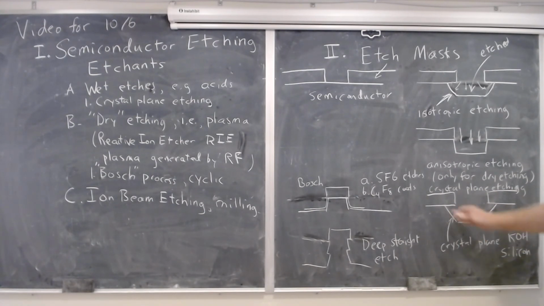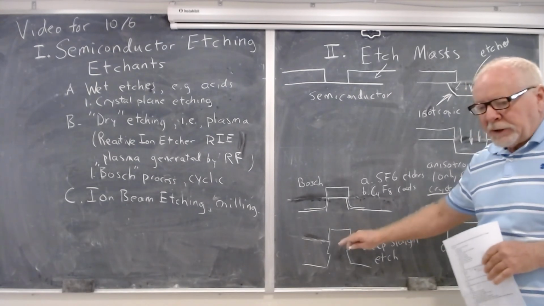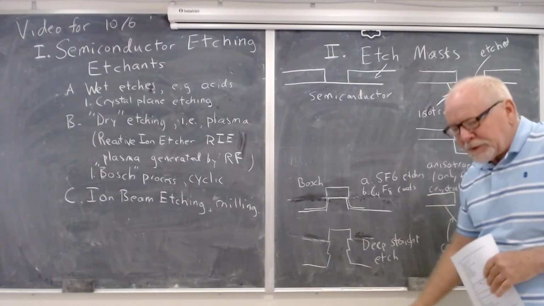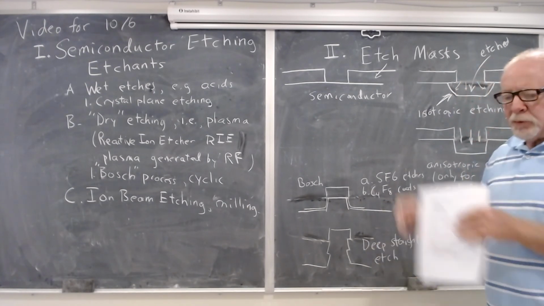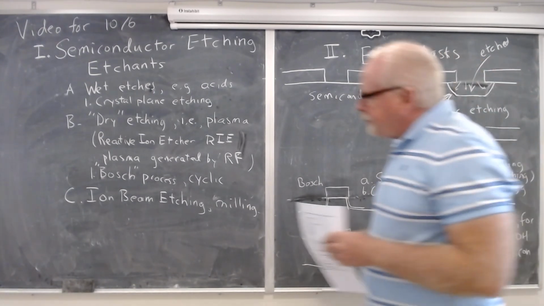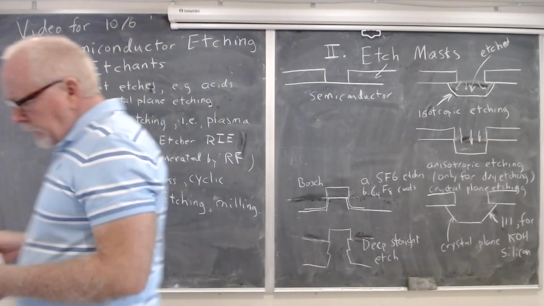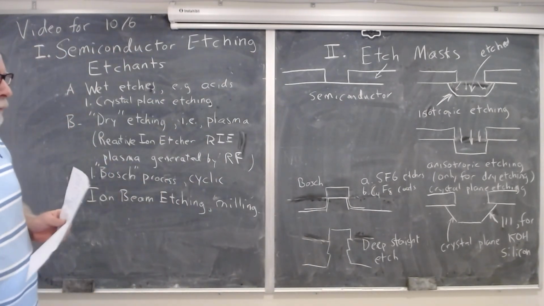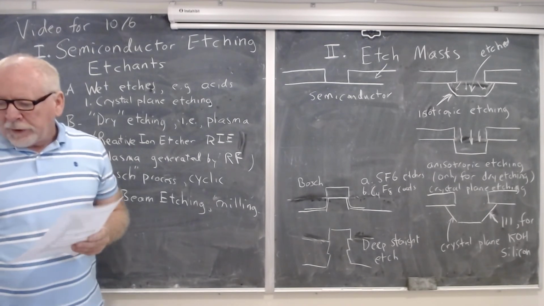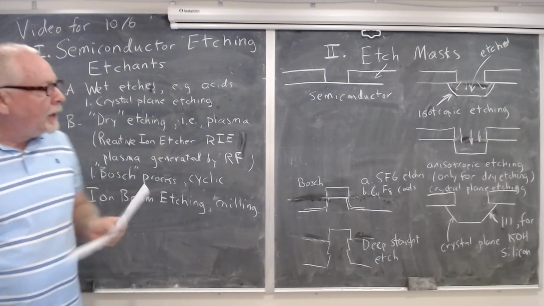Crystal plane, where it stops on the plane of the crystal. And then Bosch, where you use a cyclic process that allows you to sort of keep stepping downward and making a very deep, high profile. And those are the 4. This describes the main categories here.